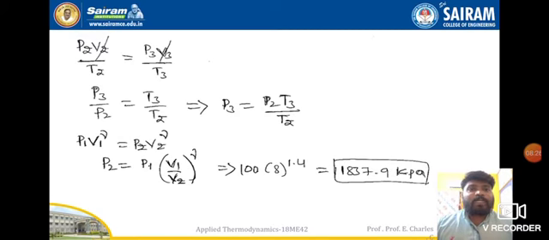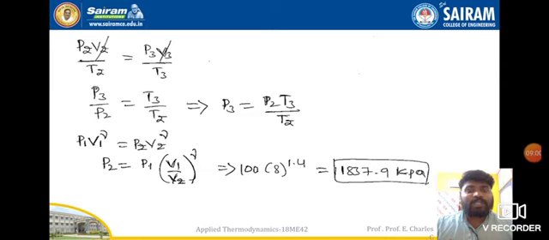Next is the 2 to 3 process, which is constant volume. If you write the gas equation straight away, P2 V2 by T2 is equal to P3 V3 by T3. Since volume is constant, V2 and V3 cancel, and we can find the equation for P3: P3 is equal to P2 into T3 by T2. Here T3 and T2 are known, and the only unknown is P2. We can find P2 from P1 V1 whole to the power of gamma is equal to P2 V2 whole to the power of gamma.